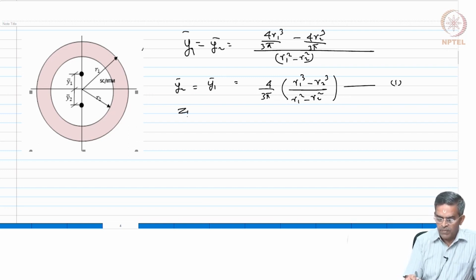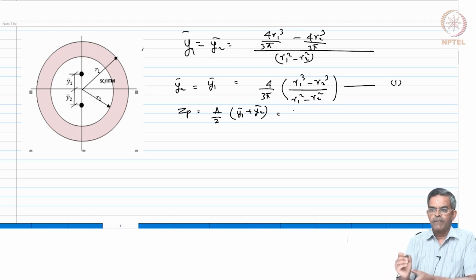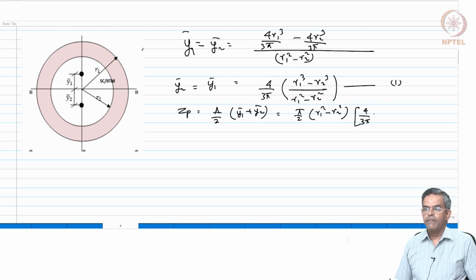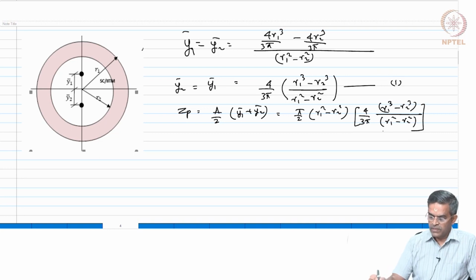So, we can quickly find the Zp value, which will be A by 2 of y bar 1 plus y bar 2, which will be pi by 2 of r1 square minus r2 square times 4 by 3 pi of r1 cube minus r2 cube by r1 square minus r2 square, which gets simplified to 4 by 3 of r1 cube minus r2 cube.